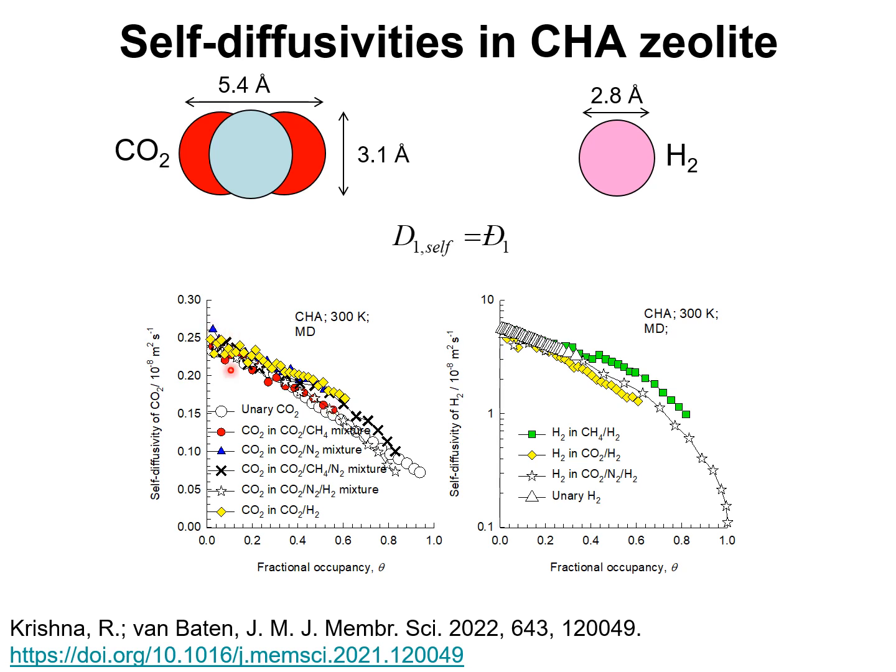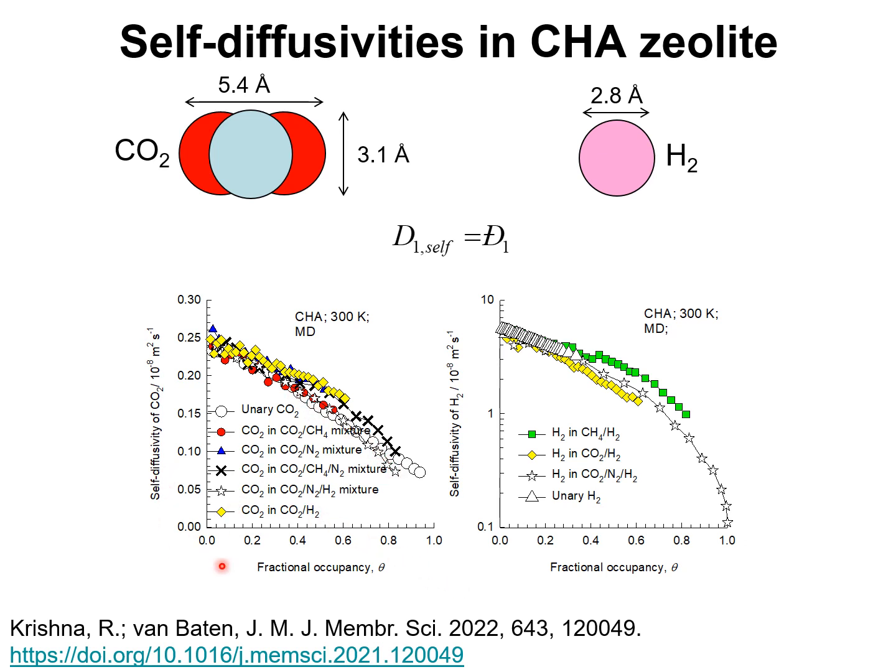The blue triangles show the CO2 self-diffusivity in carbon dioxide-nitrogen mixtures. Also shown are ternary mixtures of CO2, methane and nitrogen, shown by the crosses, and ternary mixtures of CO2, nitrogen and hydrogen, shown by these stars.